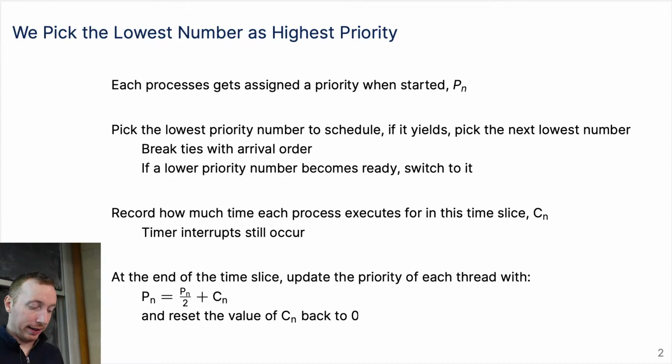Then at the end of the time slice, you update the priority of each thread, so the new priority is the current priority divided by 2 plus however many timer interrupts you were executing for, and then you just reset the time everything is executing for back to 0 to keep track of it for the next time slice.